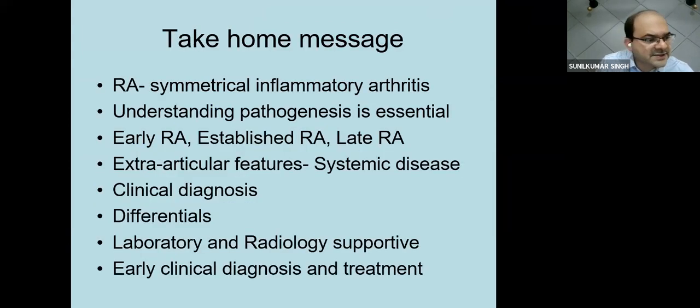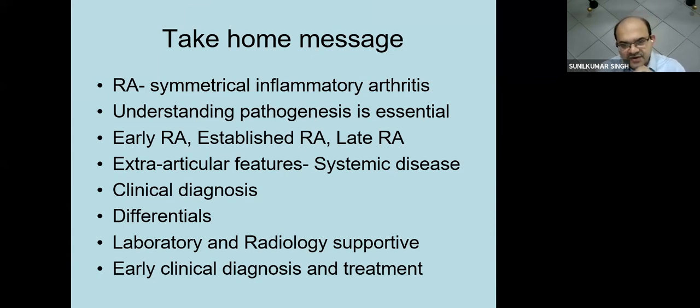So with this, I think I will conclude here. We will just talk about the take-home messages. I think we have understood that rheumatoid arthritis is an inflammatory, symmetrical, erosive arthritis.